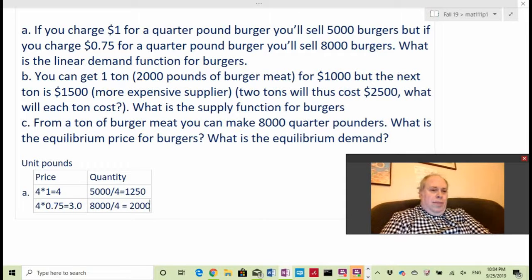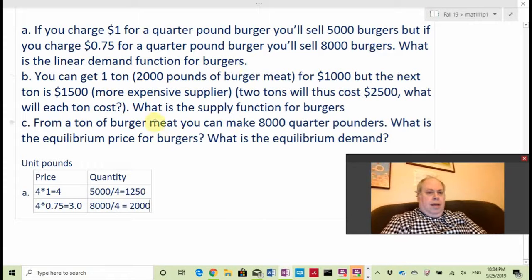That's a ton, by the way. We're going to use that up here. So we'll sell a ton of burgers. Now, we're going to do the same math as before with these modified prices and quantities, because we're doing it all by the pound.